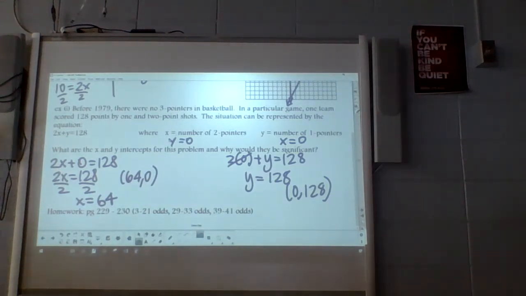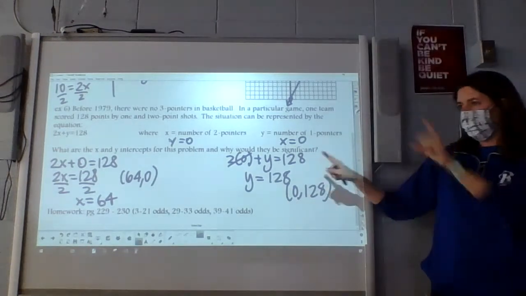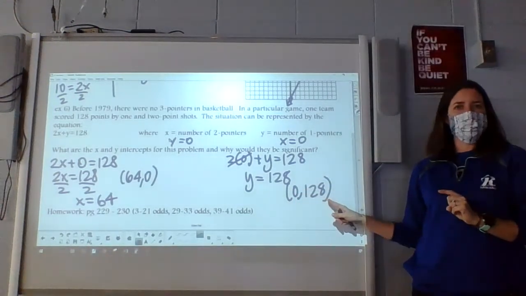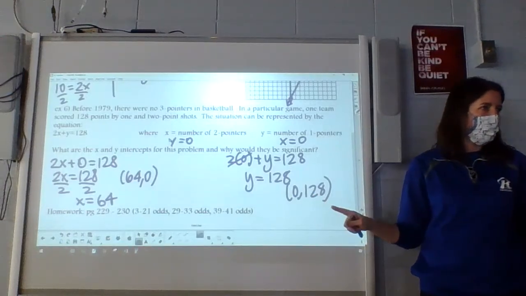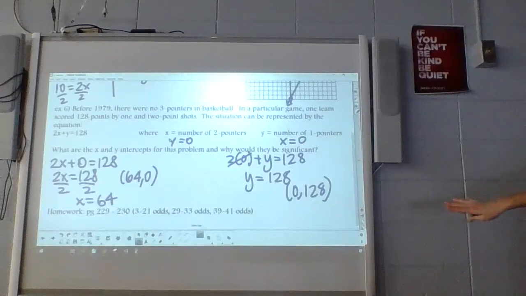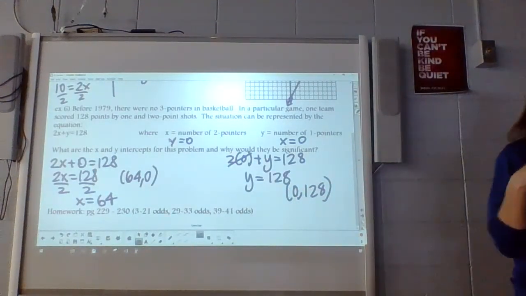Yeah, so this is the two ends of the spectrum. These two things probably wouldn't happen. What you were saying first is that they scored no 2-pointers and only had free throws, which would be the most ridiculous game ever. They only got 1-point shots. That would be the only way that would happen, if they scored no 2-pointers and 128 free throws.